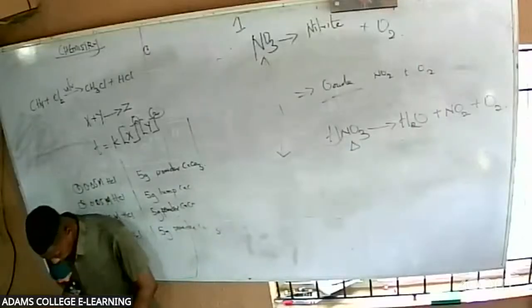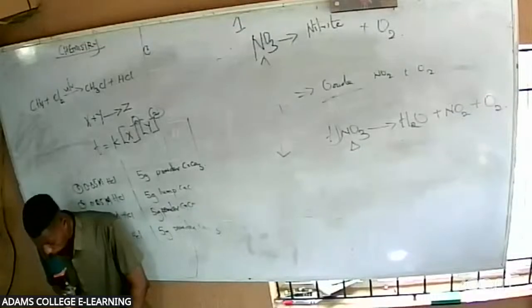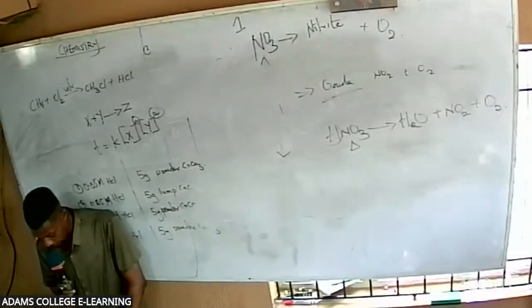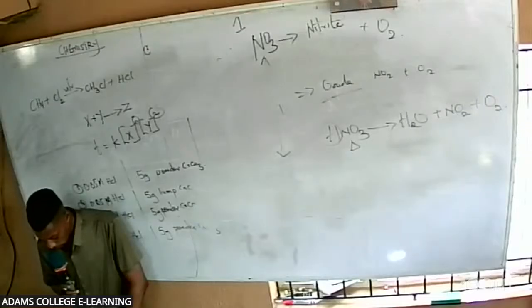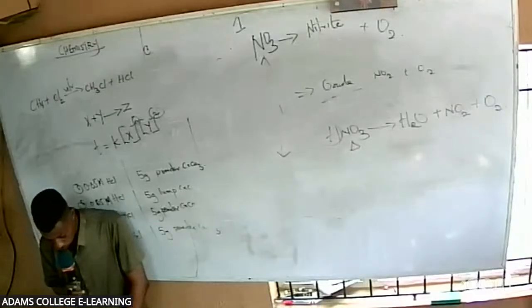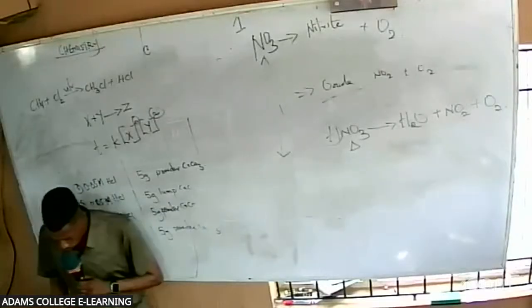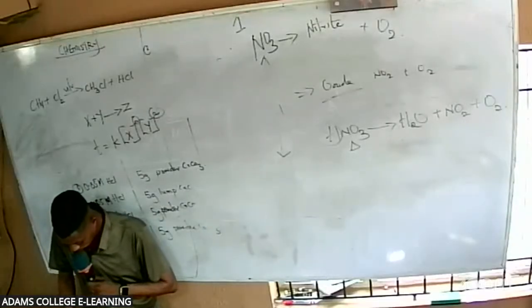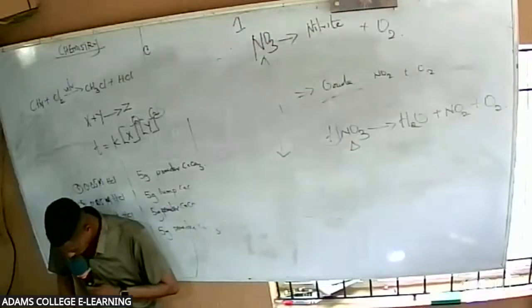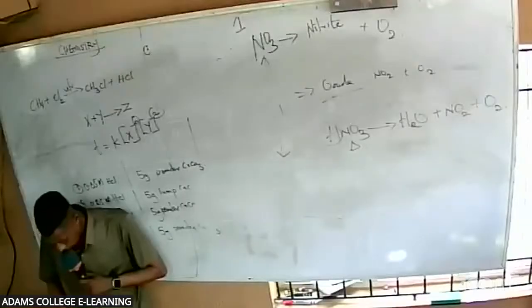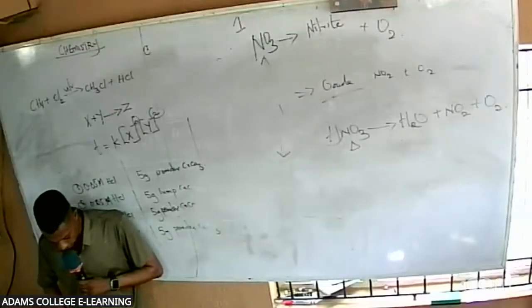And let's look at this now. The brown fume given off when trioxonitrate(V) acid is heated consists of option A, NO2 and O2. Option B, H2O and NO2. Option C, NO2, O2 and H2O.